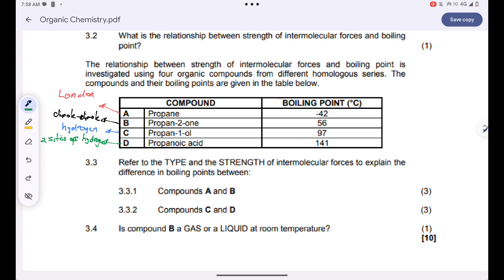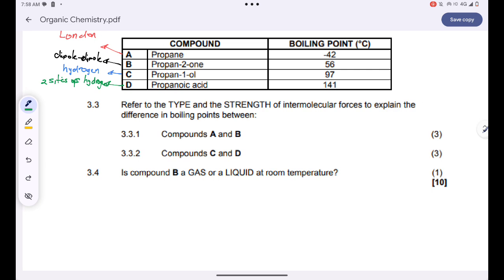Okay, 3.3, we are being told to refer to the type and strength of intermolecular forces to explain the difference in boiling point between compounds A and B. This is how, guys, we should answer these questions. Let's go.